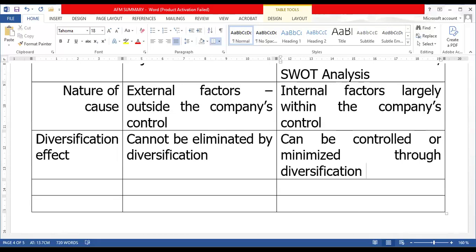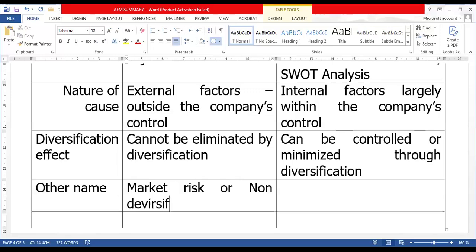So what does this mean? We have another name for these. If you don't have other points, you can say another name for systematic risk is market risk or non-diversifiable risk.